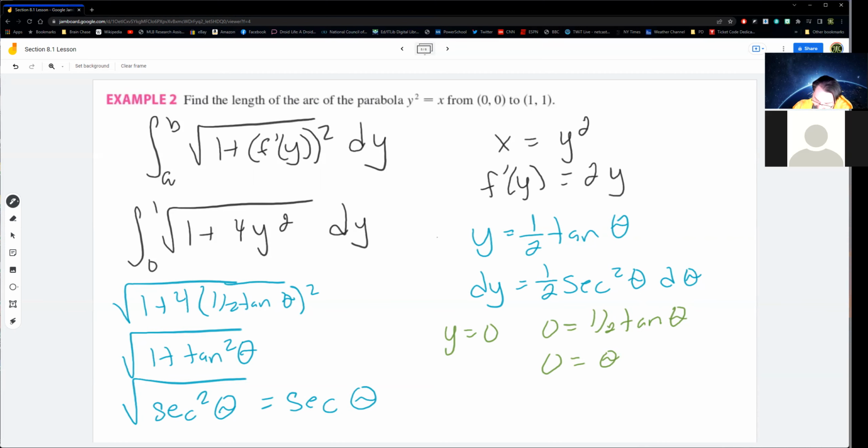And then if I have 1, I have 1 equals 1/2 tangent theta. So 1/2, or actually not 1/2, 2. So 2 equals tangent theta. And there is no simple one of that one.